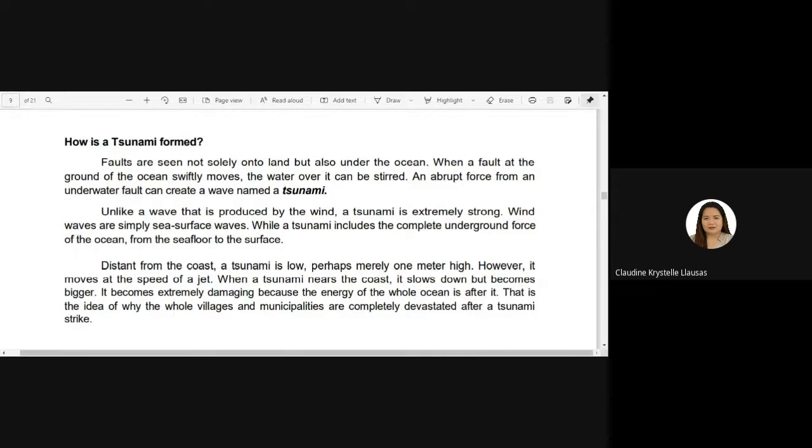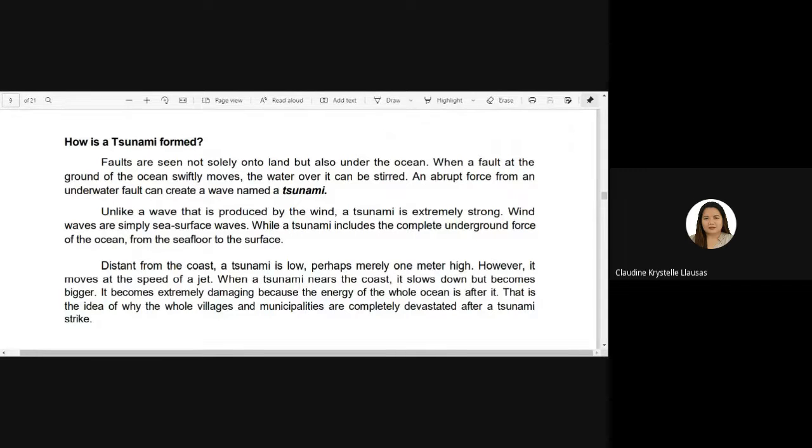There is what we call an abrupt force from an underwater fault that can cause a wave named a tsunami. Unlike a wave that is produced by the wind, kung kinsa naka-experience sa inyo og magsakay pambot o barko, dili na siya ang usual nga balod nga gina-produce sa hangin.